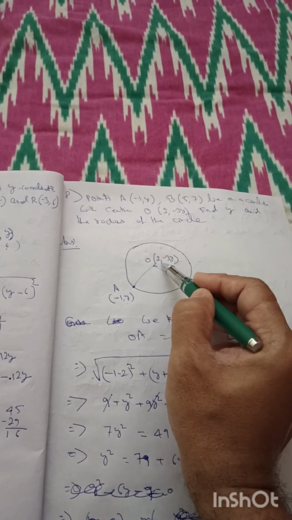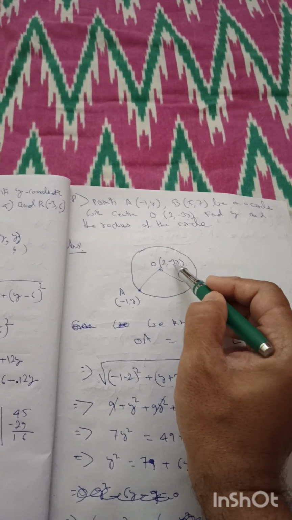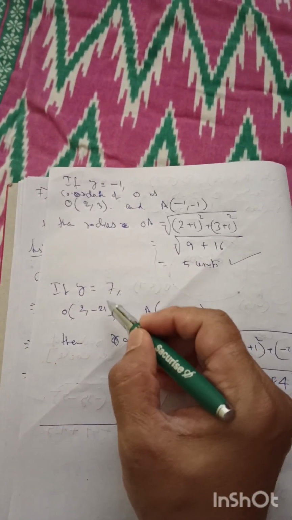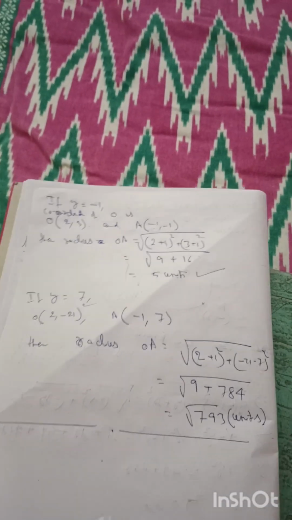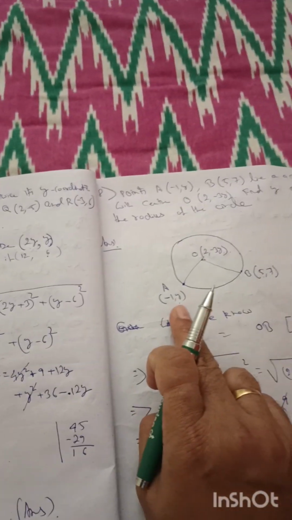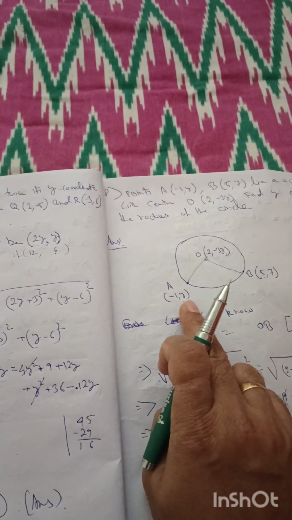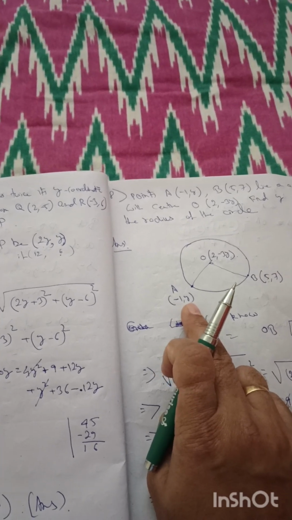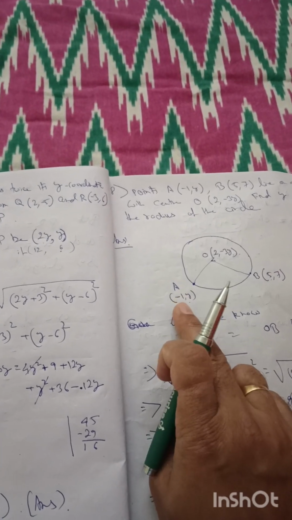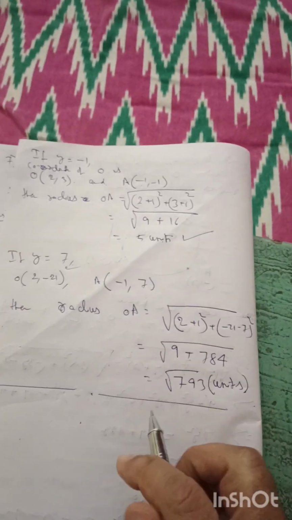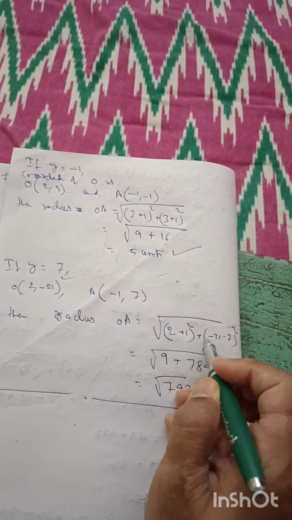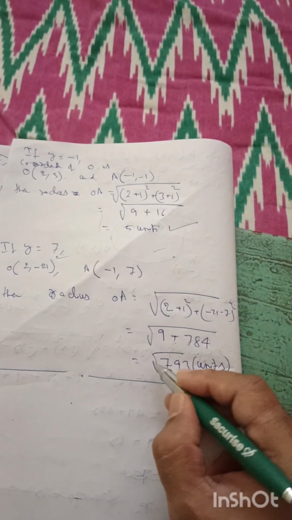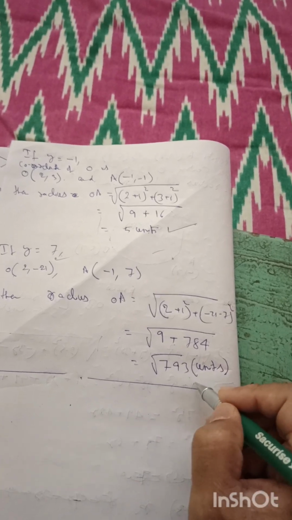So the coordinates of O become 2 and -21. And the coordinates of A are -1 and y. So if y is 7, the coordinates of A become -1 and 7. Now if we apply the distance formula, we get the answer as √793 units.